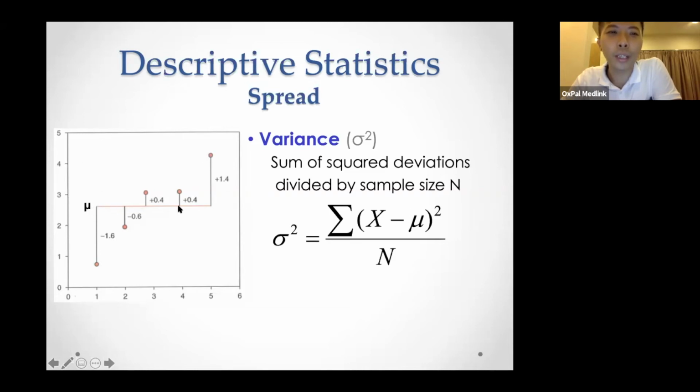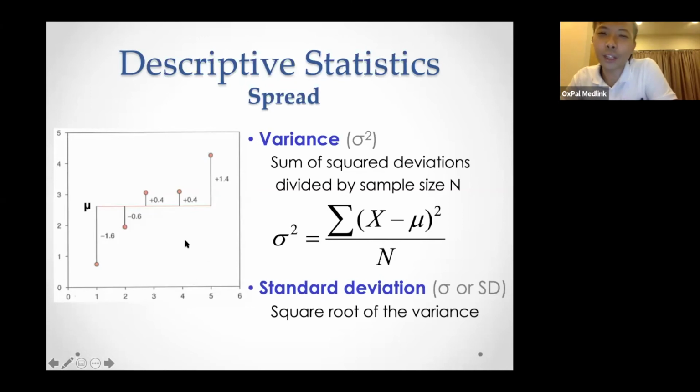Mu is, let's say, 2.8, and 4.2 minus 2.8 is 1.4. So we square the value. Then we do 0.4, we square the value, 0.4, we square the value, minus 0.6, we square the value, and minus 1.6, we square the value, and we add them all up. So that's the sum of the squared deviations, and we divide it by the number of samples, 5.